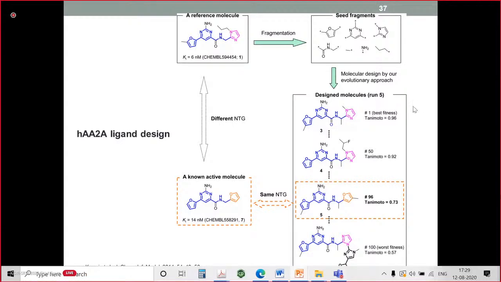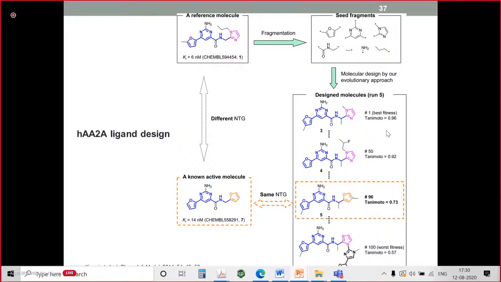So different runs are made, with different possible replacements on the molecule, and all are compared using the Tanimoto coefficient. The Tanimoto coefficient will tell you what exact similarities there are to the reference molecule, and this tells you the better fit at the binding site.